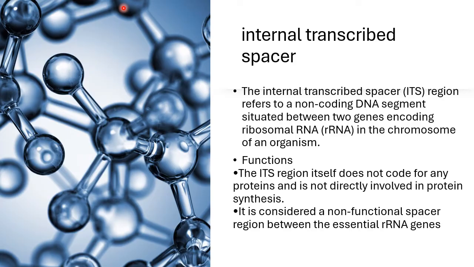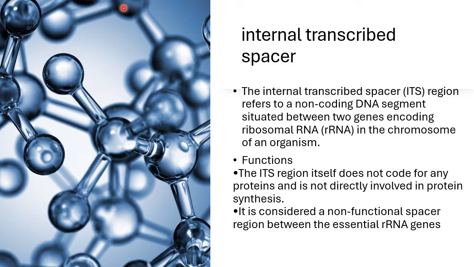However, it plays a crucial role in the processing of ribosomal RNA molecules during ribosome assembly. It is highly variable. It exhibits significant variation in sequence within and between species.